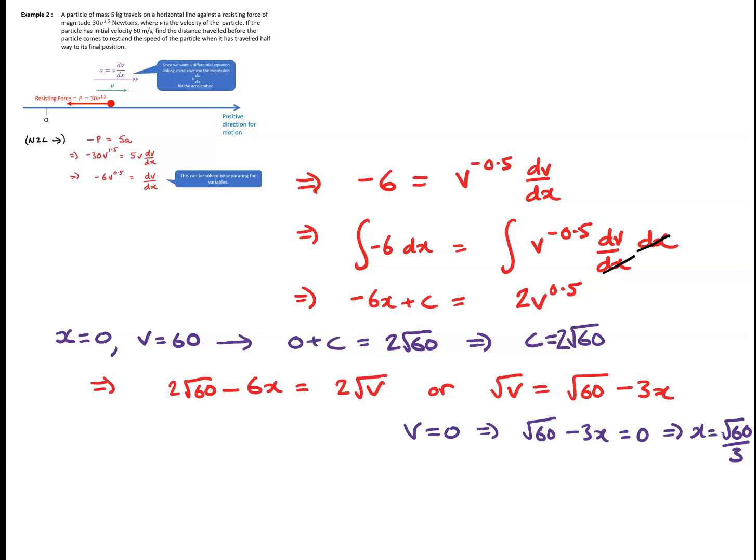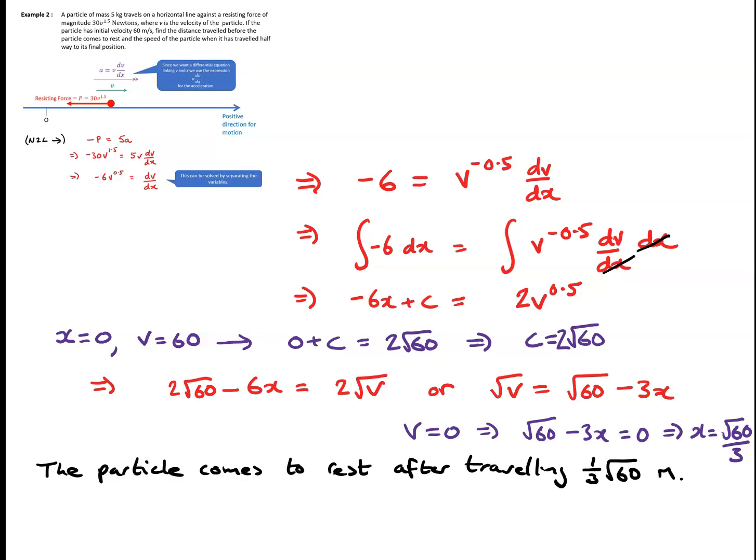We also want to calculate what the speed is when it's gone half of the distance. So the particle comes to rest after travelling 1/3 root 60 meters.